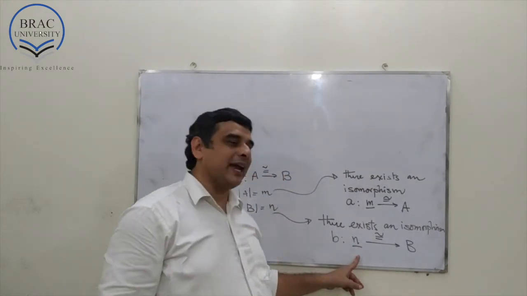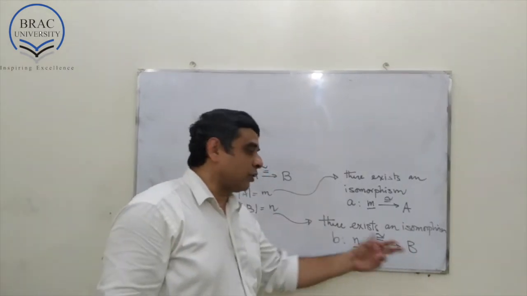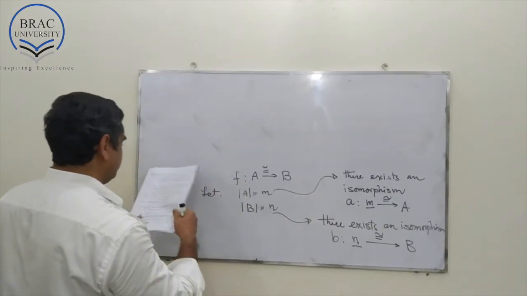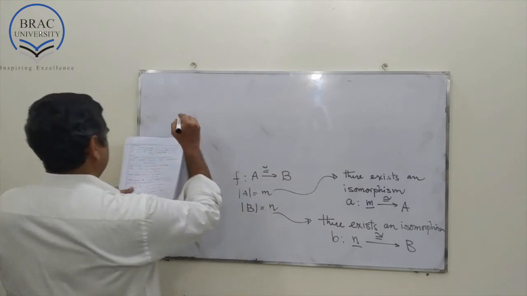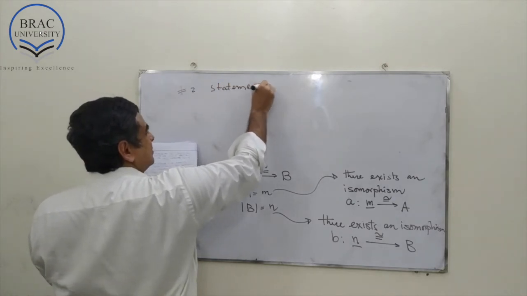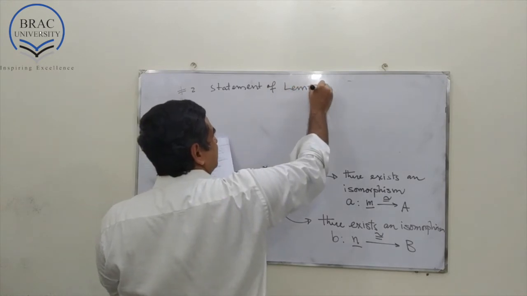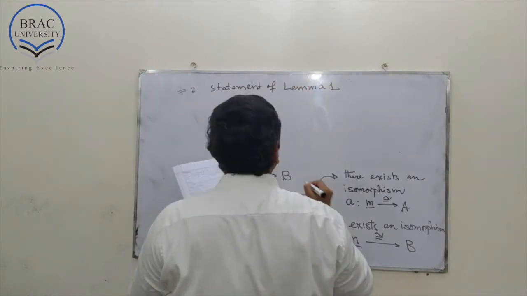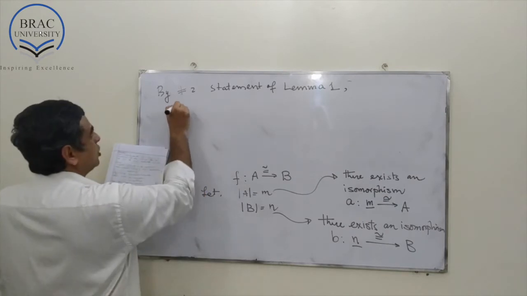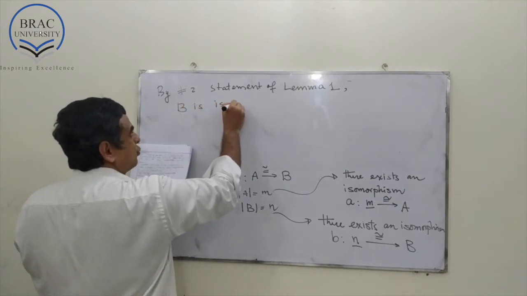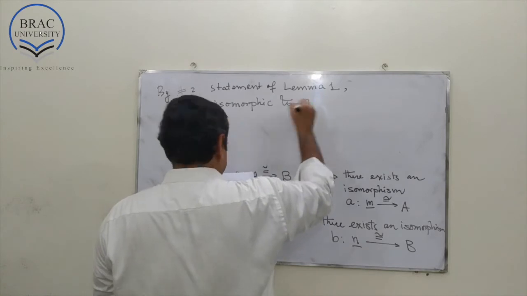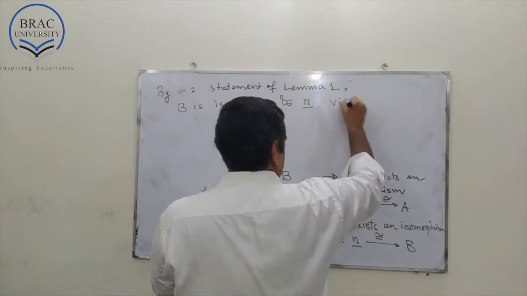Since underbar n is isomorphic to B, B is also isomorphic to underbar n by the second statement of lemma 1, via the inverse of this map.